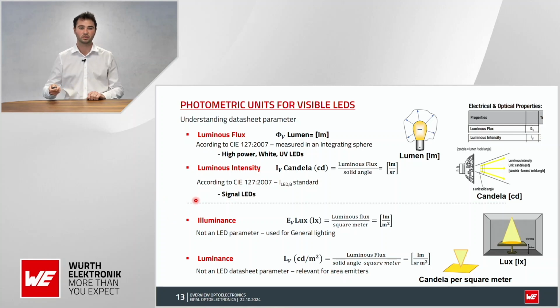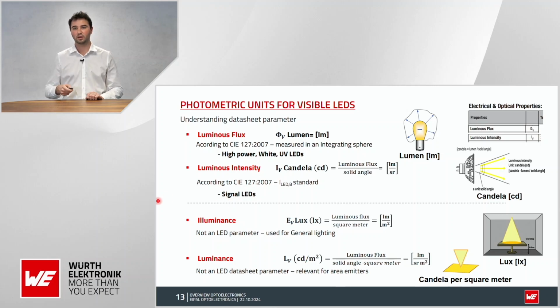You're mostly interested in what's coming to the front. You want to see how much comes if you look into it from the front. This is why it's an industry standard that most of the time you use the luminous intensity for quantifying the brightness of signal LEDs.